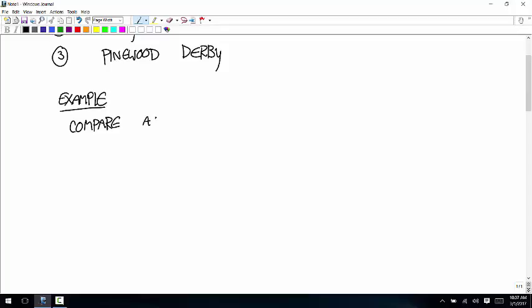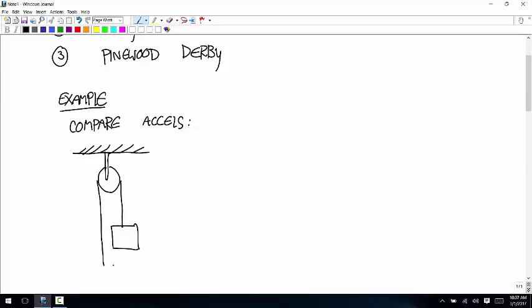So we want to compare the accelerations. The first one is a pulley. Let's have a lighter mass and a heavier mass.